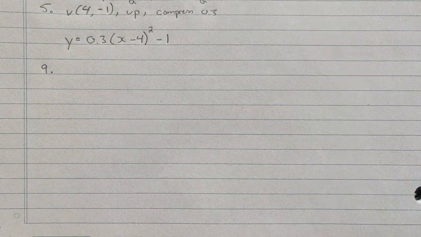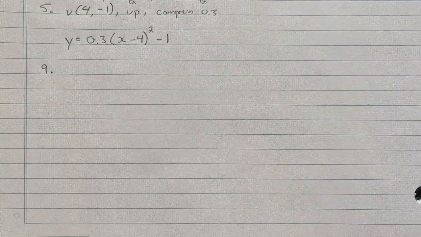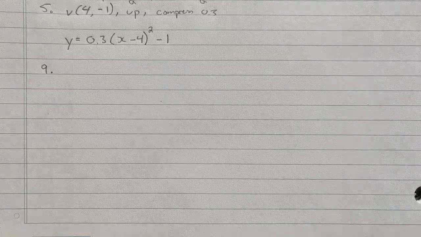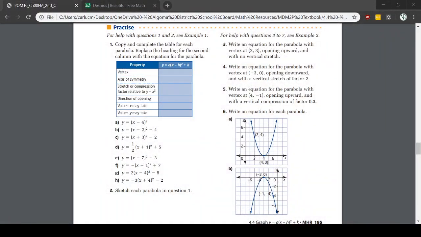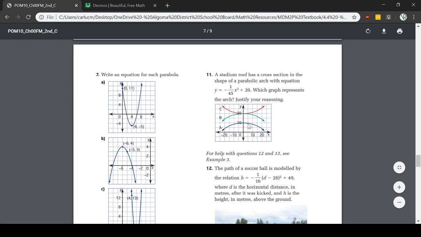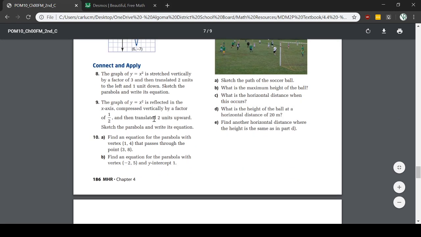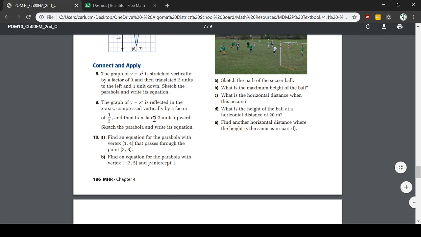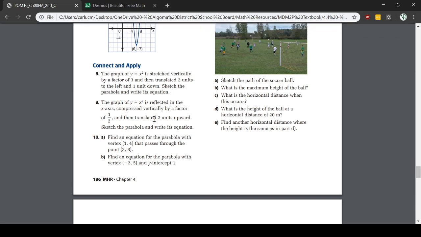So question number 9 is transitioning over. Number 9 says that the graph of y equals x squared is reflected in the x-axis, compressed vertically by a factor of 1/2, and then translated 2 units upward. Sketch the parabola and write its equation.